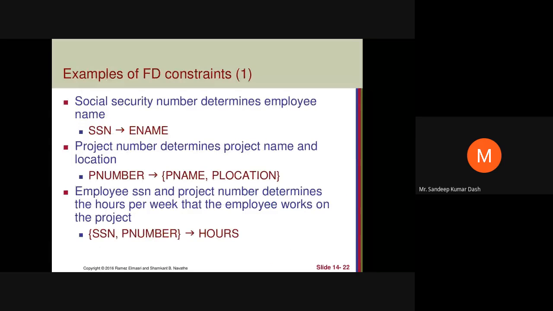Similarly, project number is a primary key attribute. This is determining project name, project location. That will also be true because this is a primary key attribute. This will never be repeated. You can combine any attributes on this side, that is not a problem. You can combine all the attributes in the relation other than this, and that will be valid.